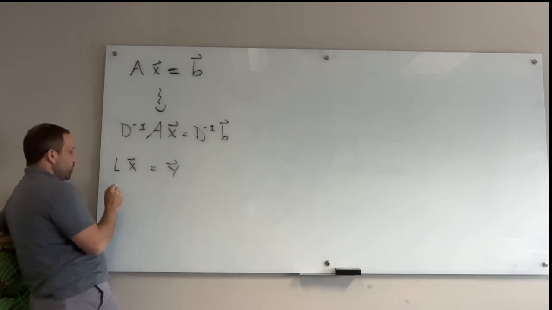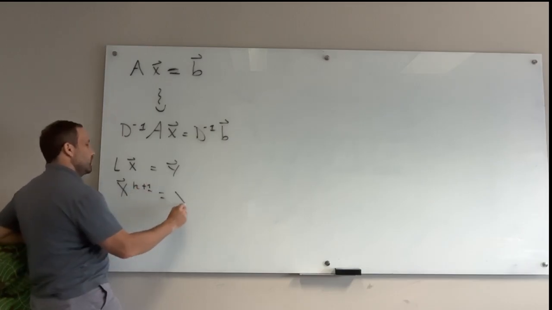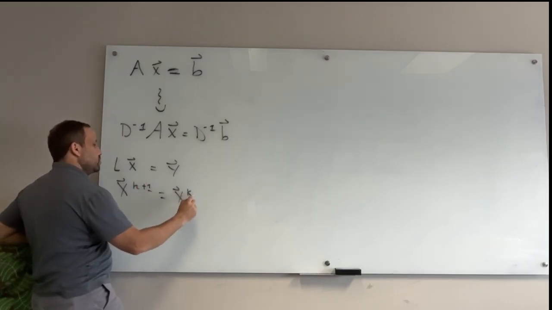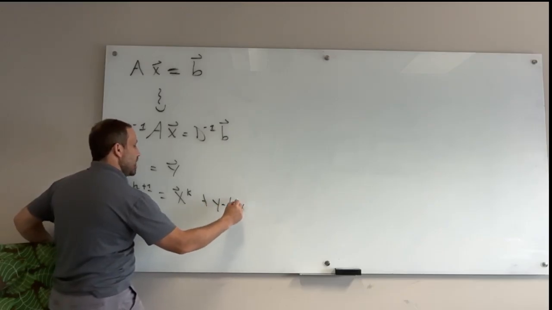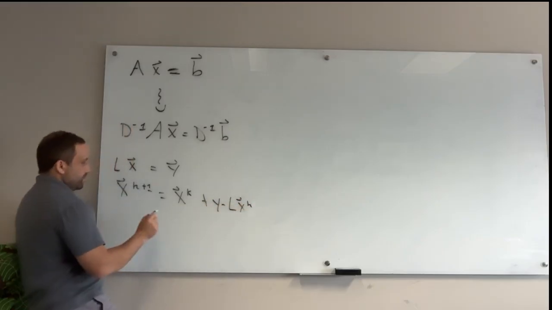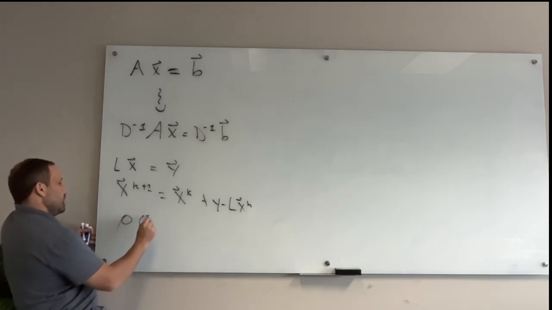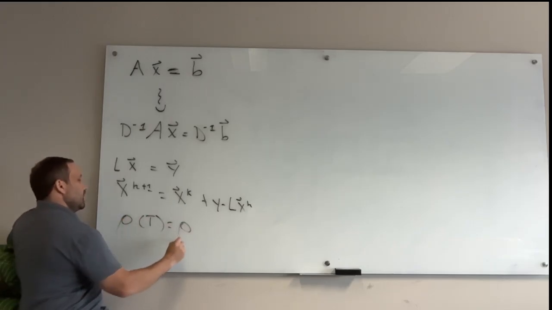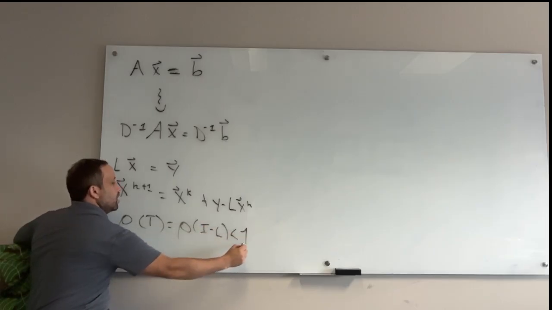The Richardson iteration is x_{k+1} equals x_k plus y minus Lx_k. This converges if the spectral radius of T, which is I minus L, is less than 1.